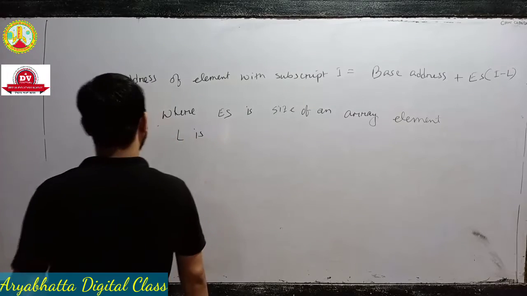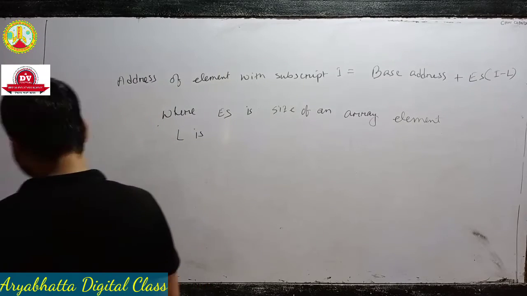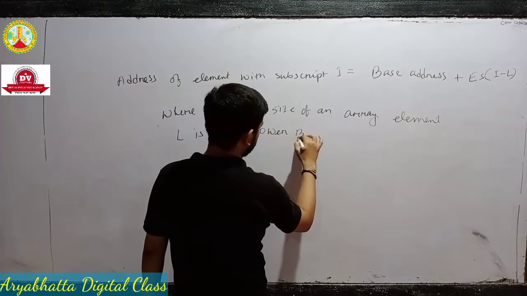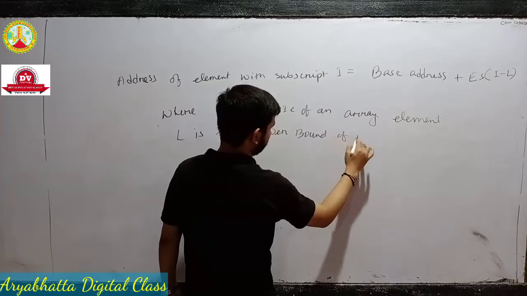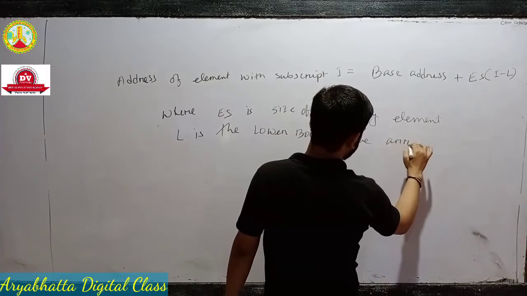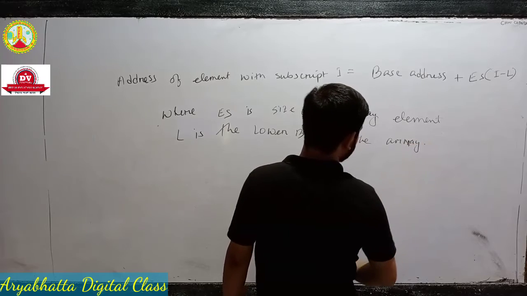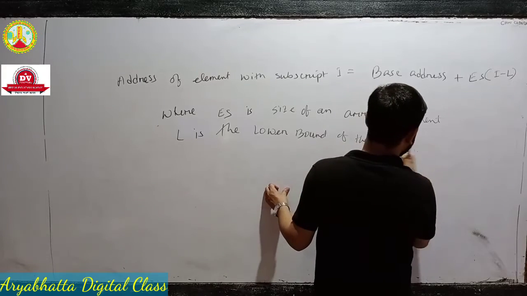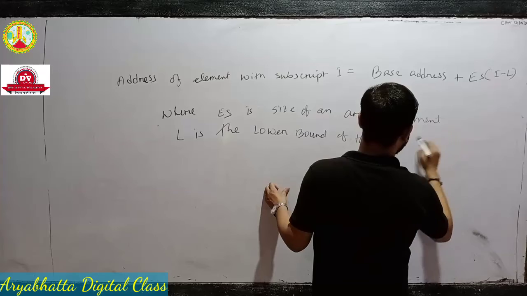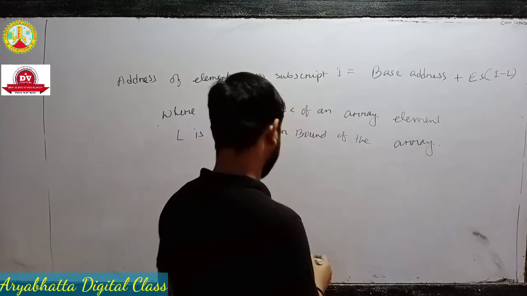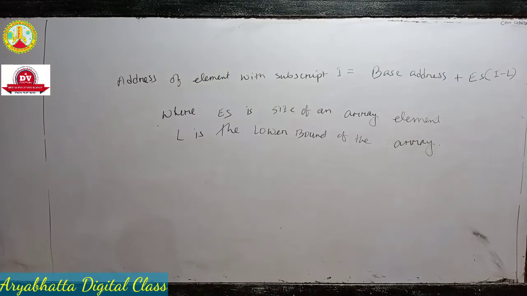L is, I already told you, the lower bound of the array. ES is the size of an array element.